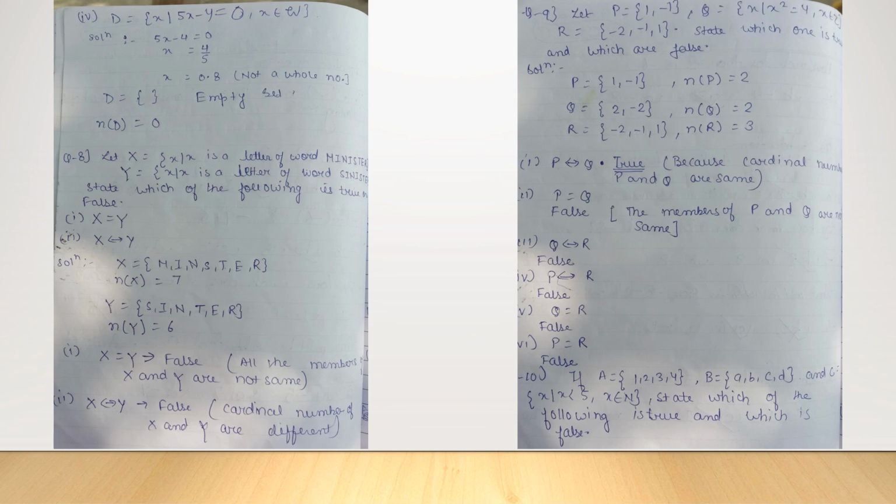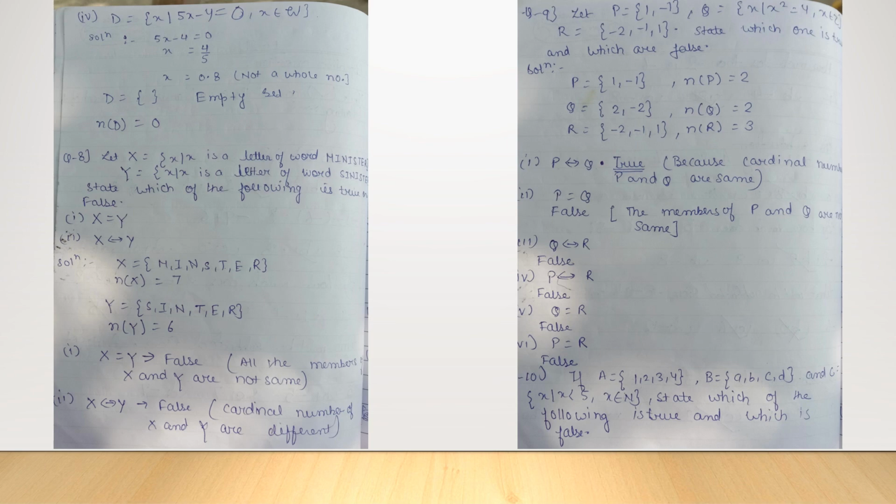Question number 10. If A is equal to {1, 2, 3, 4} and B is equal to {a, b, c, d} and set C is equal to {x such that x is less than 5 and x belongs to natural number}, state which of the following is true and which is false.